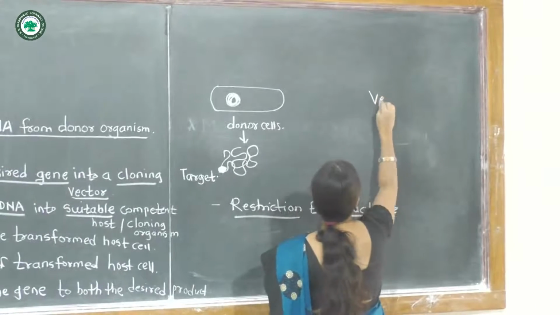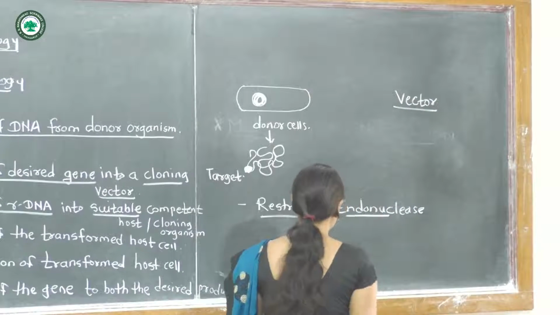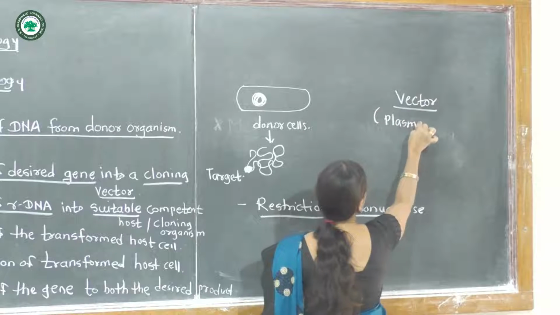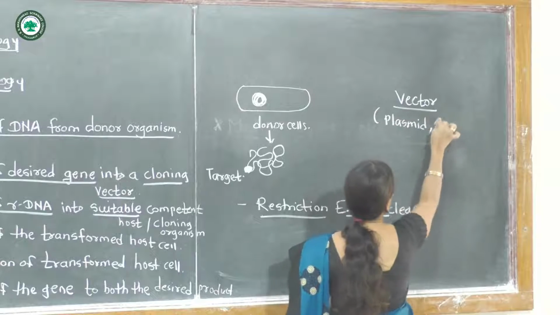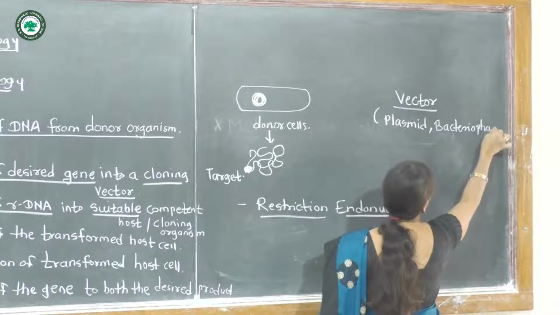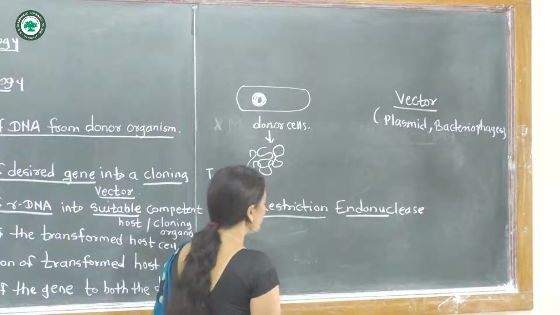The second step uses the vector, like a plasmid or bacteriophage. These are the vehicles or vectors.